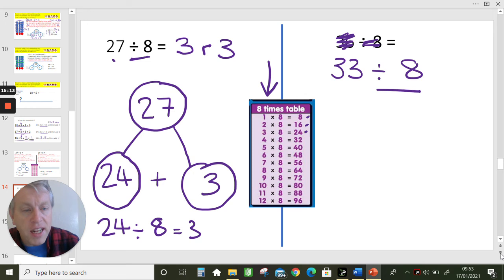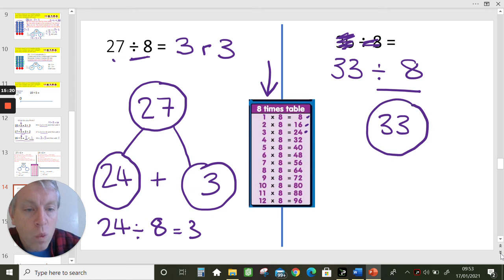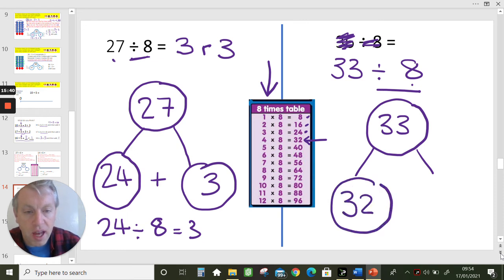I'm dividing by 8, so I want to use my 8 times table. I want to split my 33 up. How close can we get on the 8 times table? 1 times 8 is 8, 2 times 8 is 16, 3 times 8 is 24. Now I want to count up to 33, so 32 is the closest I can get.